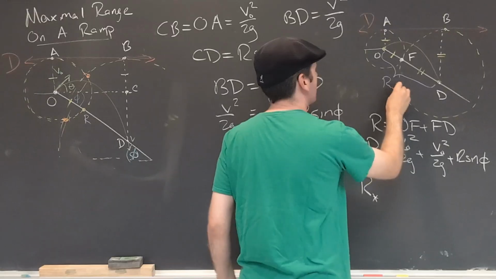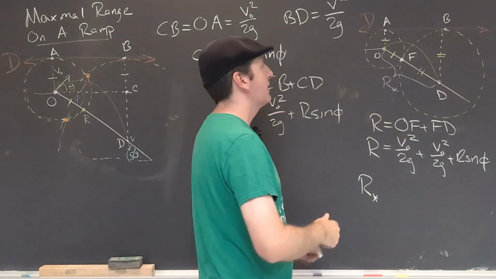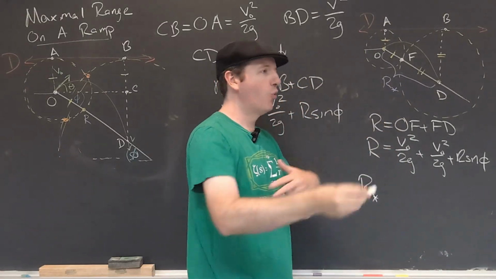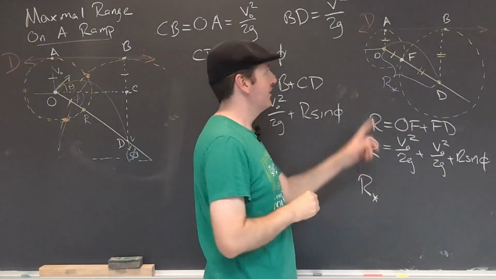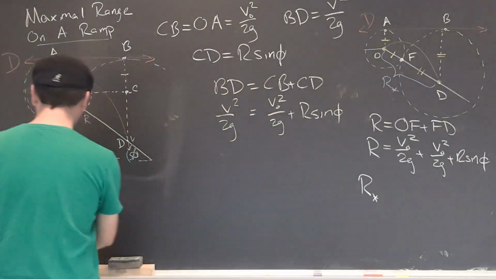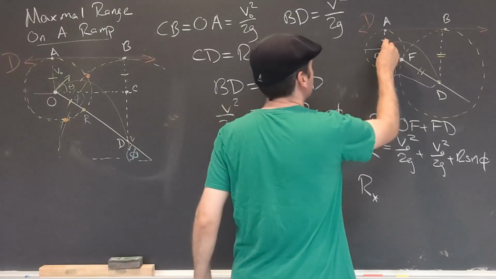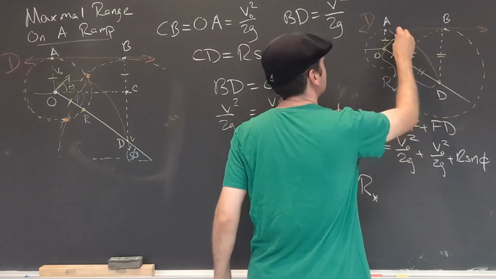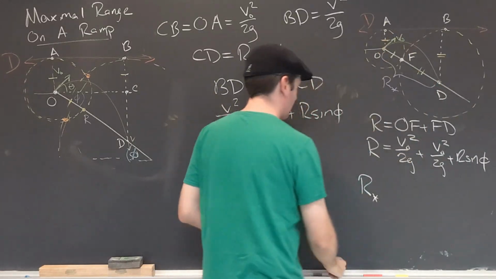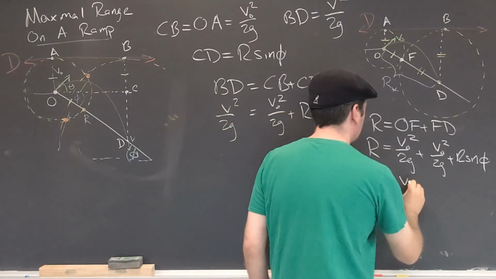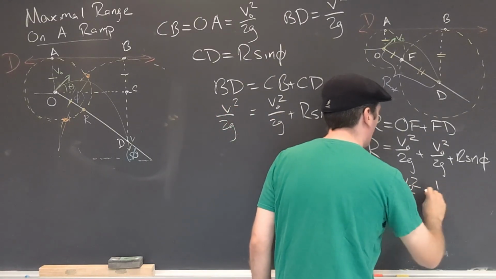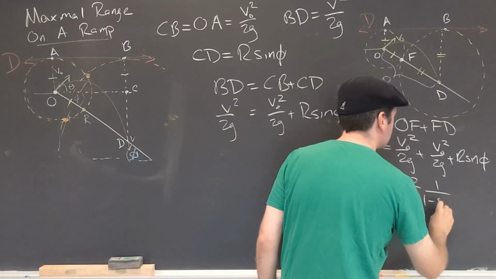or range corresponding to a given V naught, or inverted the other way, this V naught will be the minimal V that gets me to this point D. And it will be V naught squared over G, 1 over 1 minus sine phi.